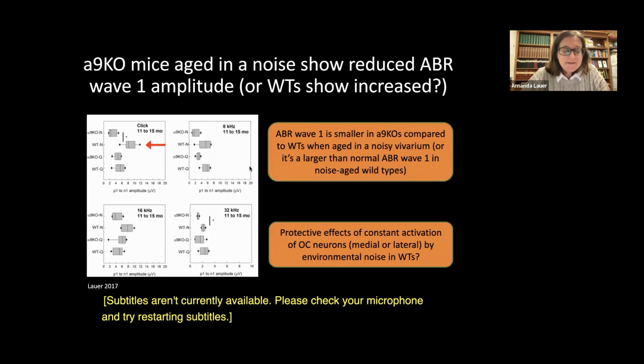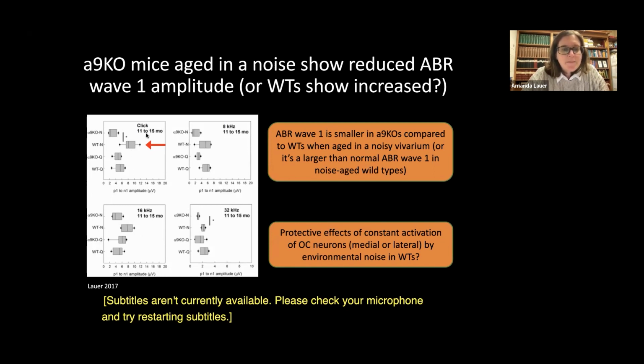We re-examined our data by going back and looking at the wave 1 amplitudes to try to get at some sort of subclinical damage. And we did see some differences, primarily in the noise groups. We noticed that ABR wave 1, which comes from the spiral ganglion neurons, was lower in the knockout mice housed in noise compared to the wild type mice housed in noise.